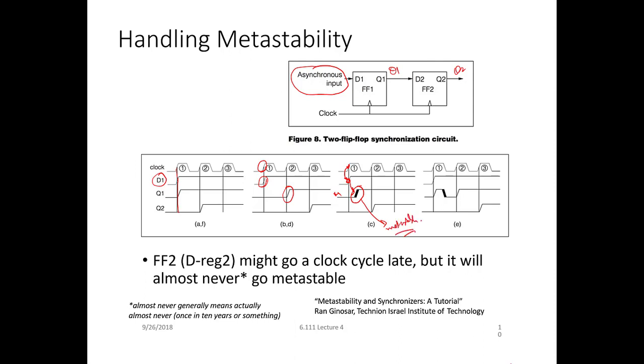Okay, so you do not want to sample at this point, which is in the forbidden zone. So if you want to avoid metastability, the only solution is to wait for noise.